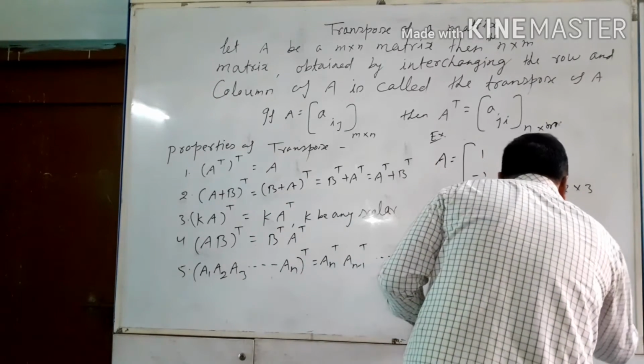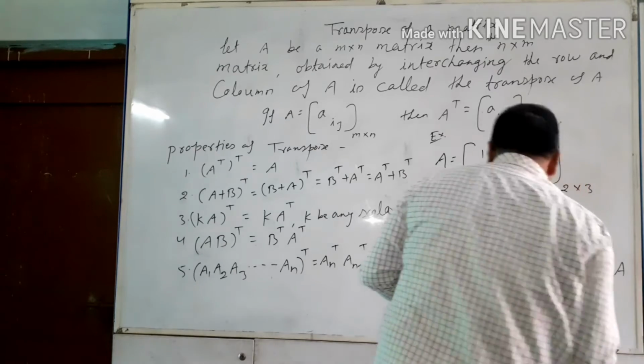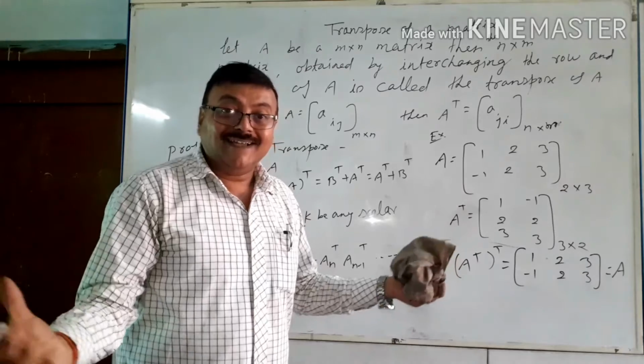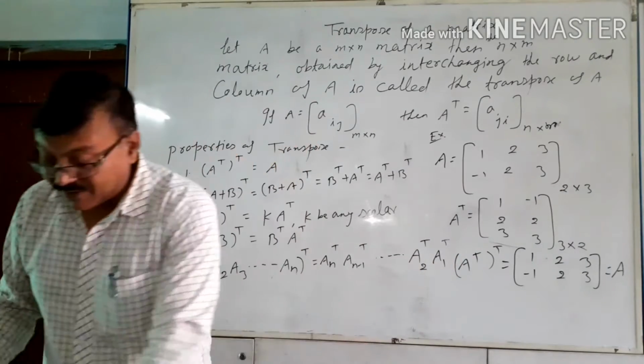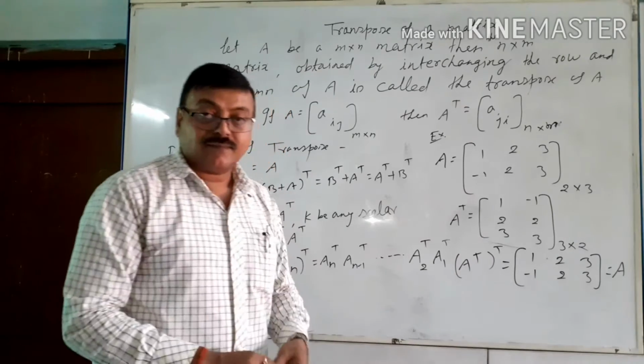Then it becomes 1, 2, 3, minus 1, 2, 3. It is A. So if we flip twice, it becomes straight again, you just flipped it twice and nothing else has to be done. So this is the transpose.